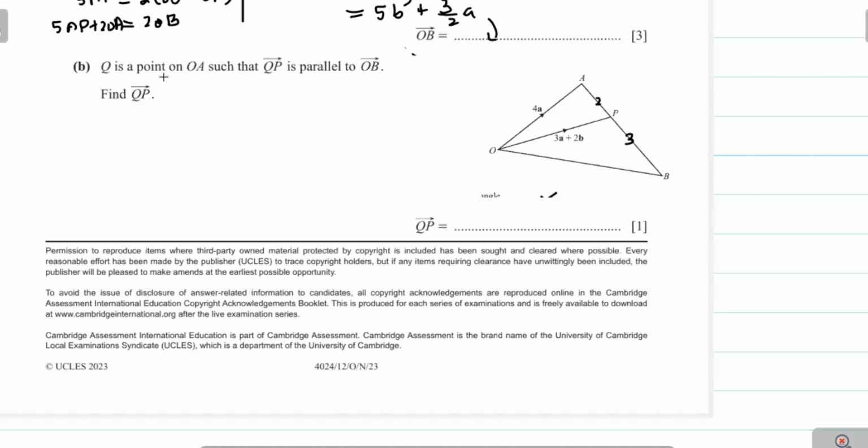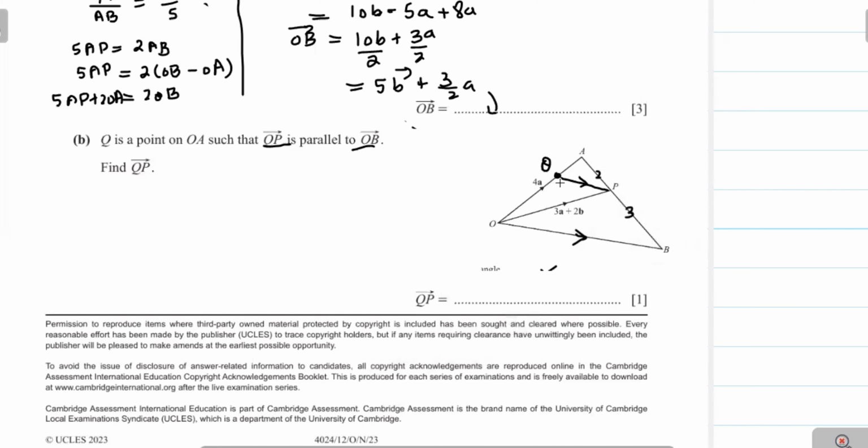Part B, Q is the point on OA such that QP is parallel to OB. You see here, this is OB and QP is parallel to OB. Therefore, Q will be the point at this position where QP is parallel to OB. And this is the point Q. Now you see here, these are the two similar triangles AQP and AOB.